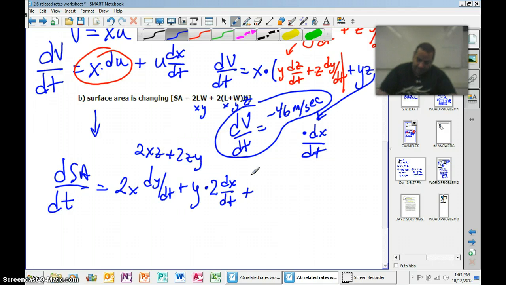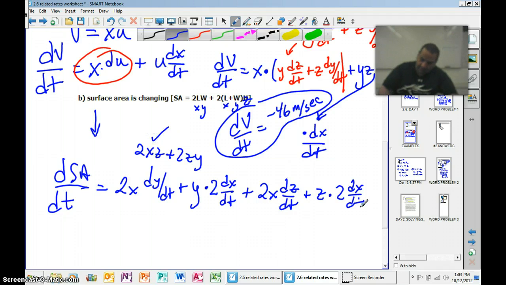Now I'm taking the derivative. It's all product rule. First times the derivative of the second plus the second times the derivative of the first. That takes care of that one, and I have one more left. Plus the first times the derivative of the second plus the second times the derivative of the first.